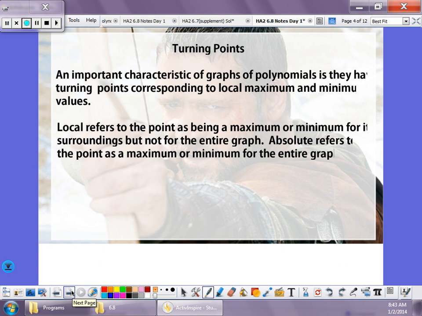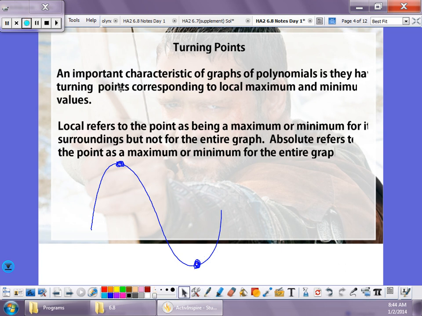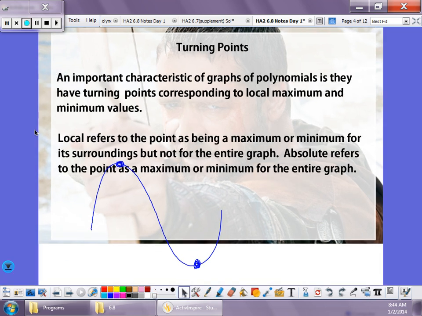All right. So turning points. A turning point of a polynomial is exactly what you think it would be. It's where it turns, okay? So this would be a turning point, and this would be a turning point. When we talk about turning points, we refer to it either as a local max or a local min, or an absolute max or an absolute min. So let me actually continue this drawing a little bit.